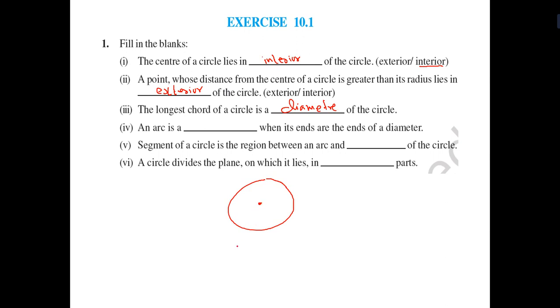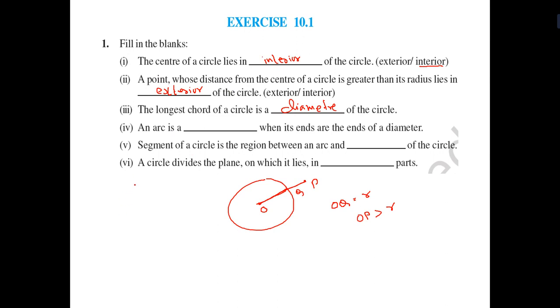So if we draw one circle, here a point, so it is the interior part. A point whose distance from the center is greater than the radius lies on the exterior. Here is point P, and here it is Q. So OQ is the radius, and OP is greater than the radius, so we can say exterior.